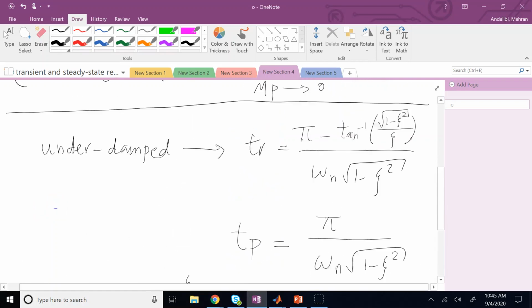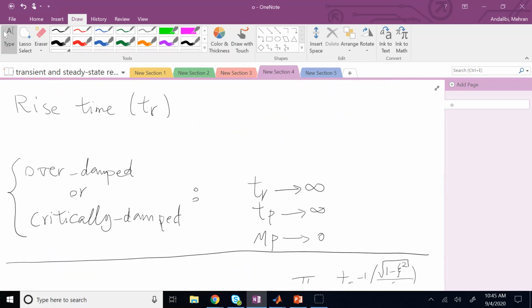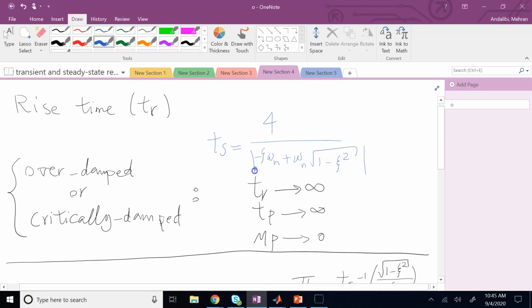So if I want to define a settling time for these systems, the settling time is 4 over sigma, or 4 over the exponent. The exponent here is basically the absolute value of zeta omega n plus omega n times the square root of zeta squared minus 1.